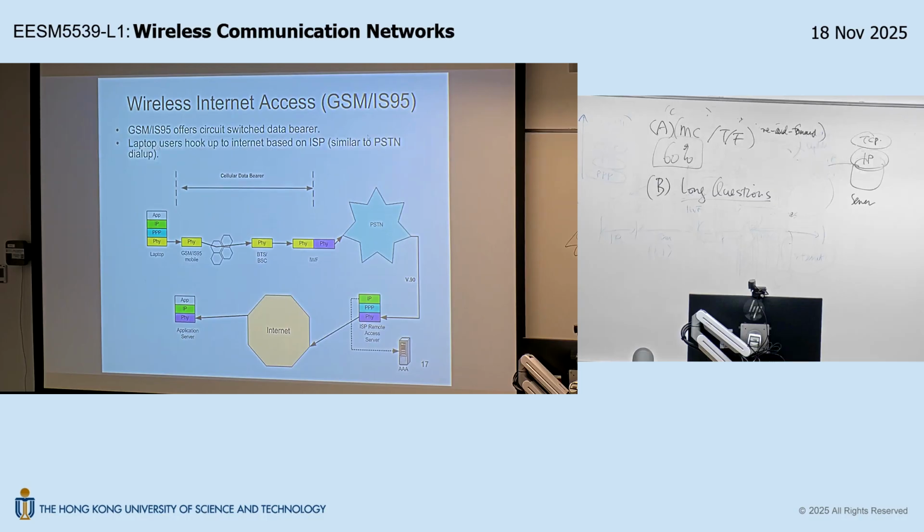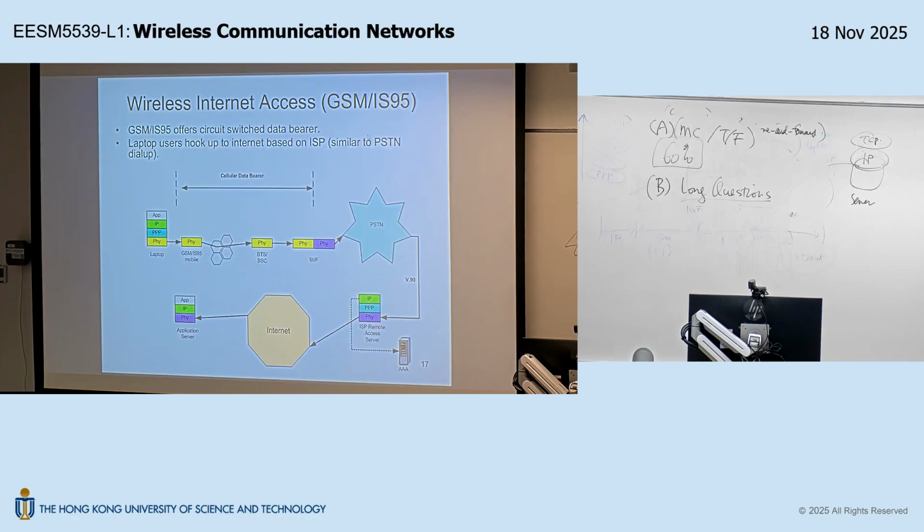So these two will do the handshaking and set up a layer 1 connection, but that layer 1 connection is not end-to-end. The interworking function will have another layer 1 connection through the GSM protocol with the handset and eventually the laptop. Okay? So the entire end-to-end layer 1 connection consists of 3 segments. The first segment is the infrared connection between the laptop and the mobile.